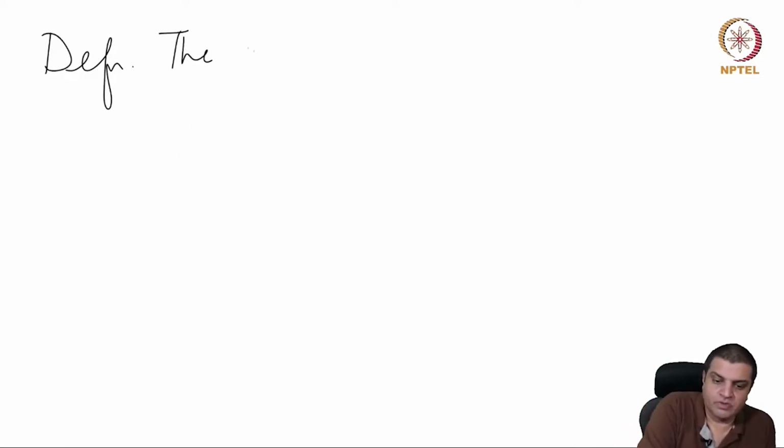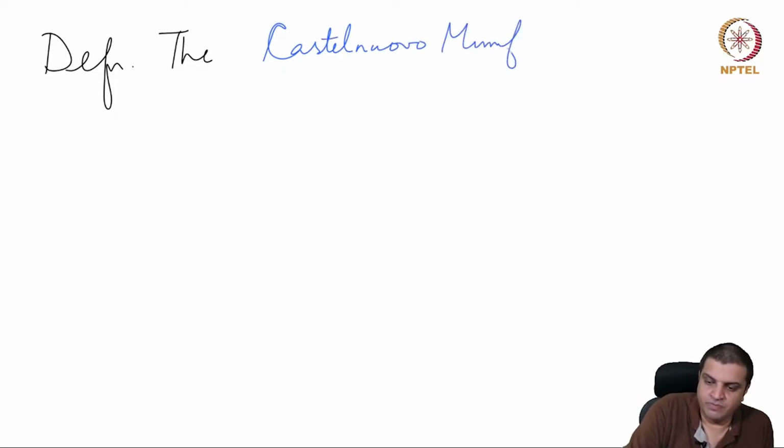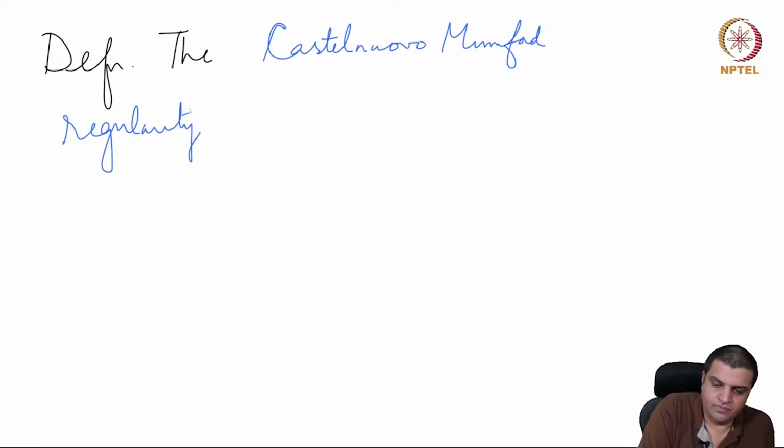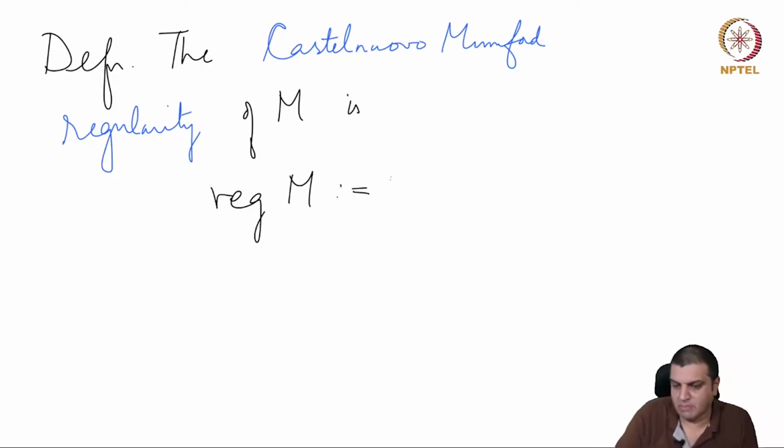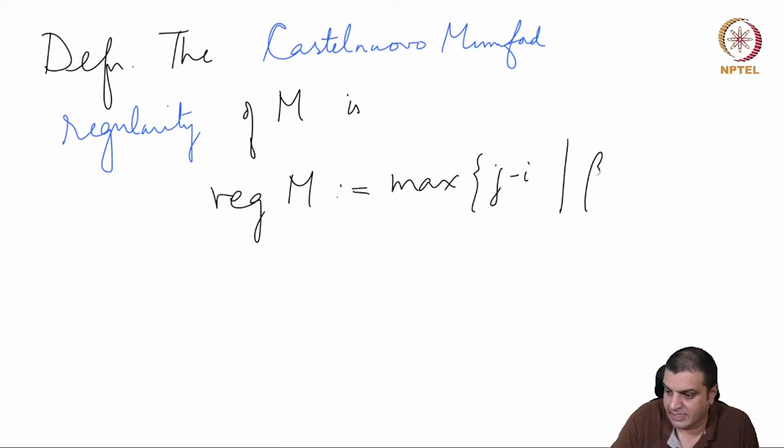The Castelnuovo-Mumford regularity of M, which we denote by reg M, is the maximum of the differences j minus i such that beta_{i,j} of M is not 0.